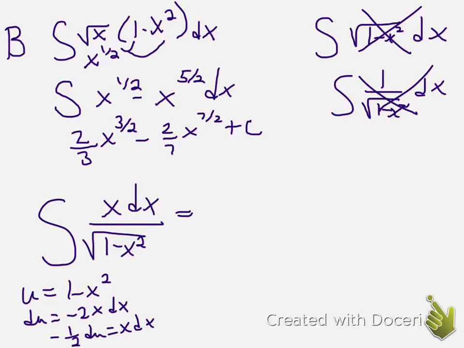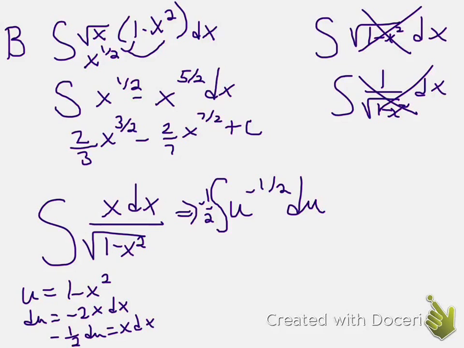So now we rewrite this, and this is 1 over that square root, so it's going to be u to the negative 1/2. And then I'm integrating that coefficient of negative 1/2, and then I'm replacing x dx with du.